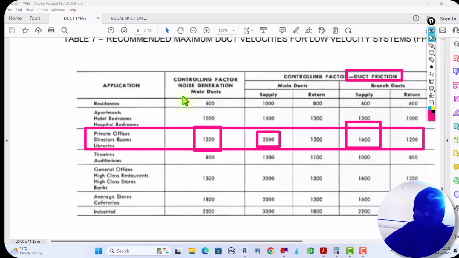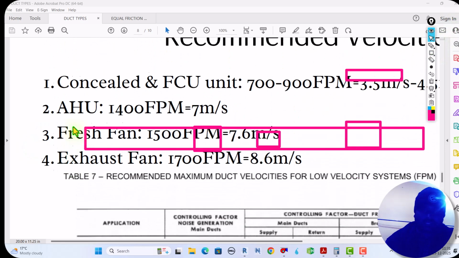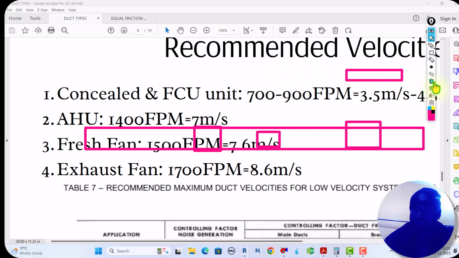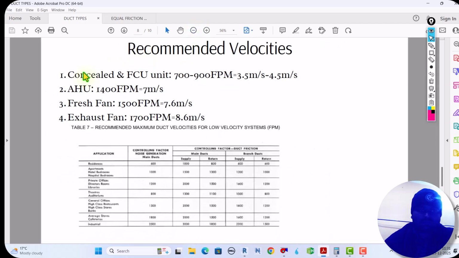Most commonly, see, the most recommended velocity as per practical experience is this. For concealed and FCU units we have to take 700 to 900, not 1200.